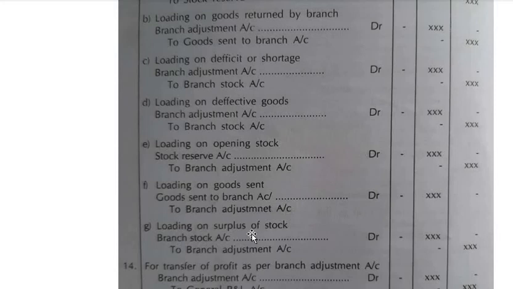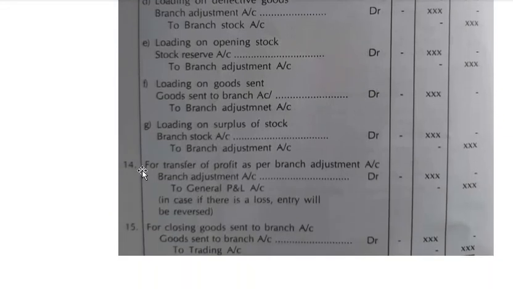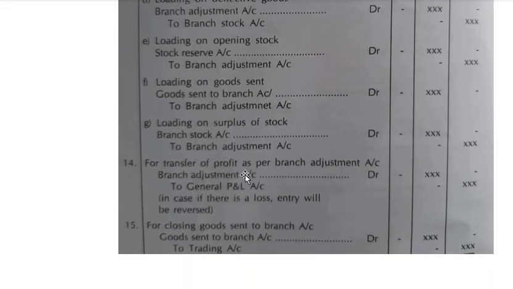So these are the entries, and the last two entries are for transfer to profit and loss account. For transfer of profit as per branch adjustment account: branch adjustment account debit to general profit and loss account.